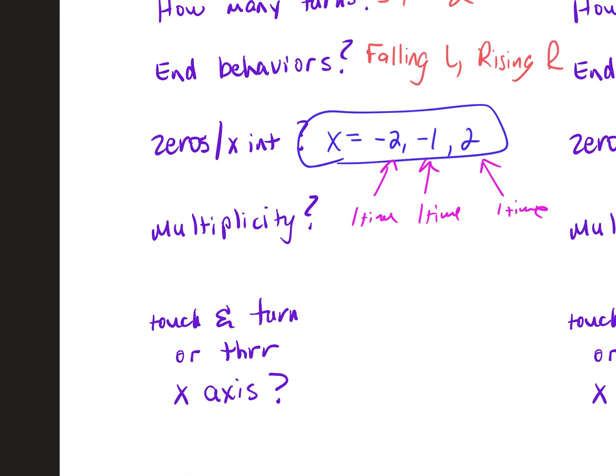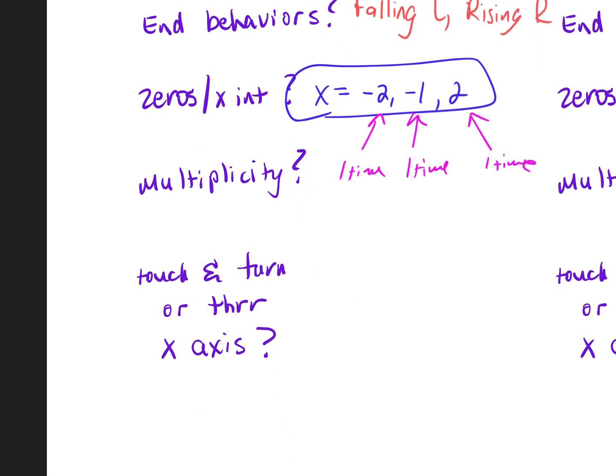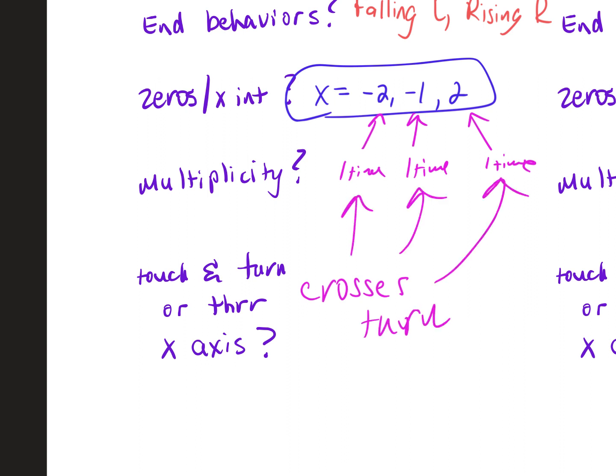Now, guys, if you have just every x one time only, what happens at the x-axis? Does it go through it, or does it touch and turn? It crosses through at all three places, right? You could say it crosses through, crosses through, crosses through. Because there's going to be times where it crosses through one but bounces on the other one or something like that.